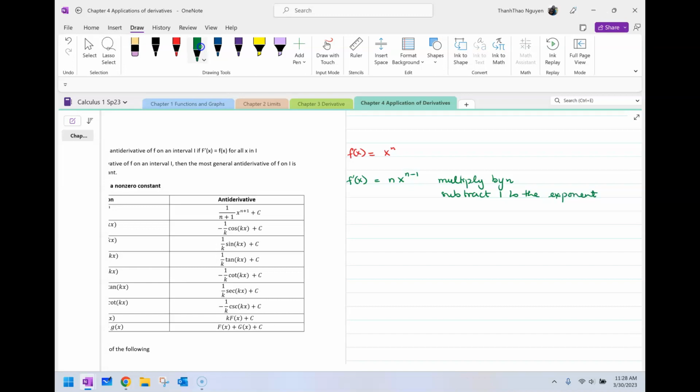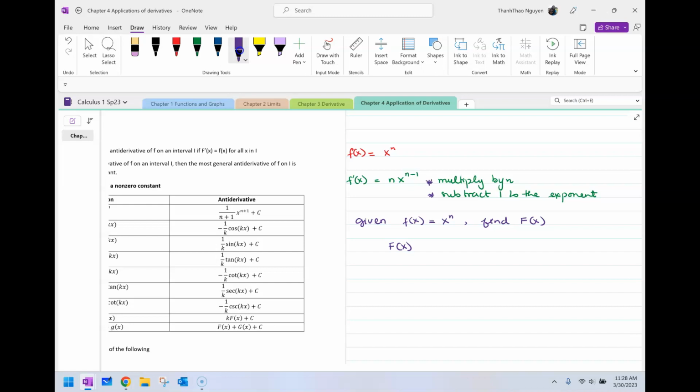To take the antiderivative of this, we do the opposite, right? Let's say you are given f of x equals x to the n, and we want to find capital F of x. You would do the steps for the derivative, but backward.